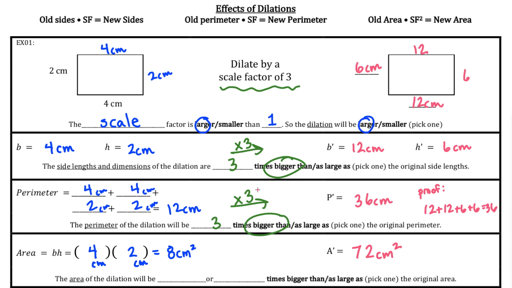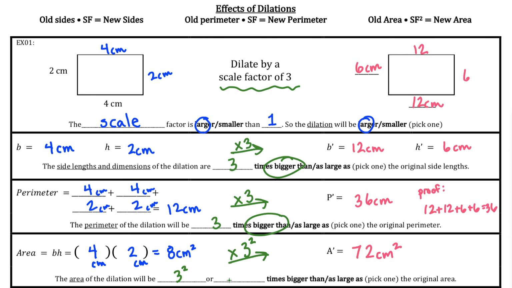This is actually not times 3. Remember, the units are to the second power, so this is actually times 3 to the second power. So the area of the dilation will be 3 to the second power.